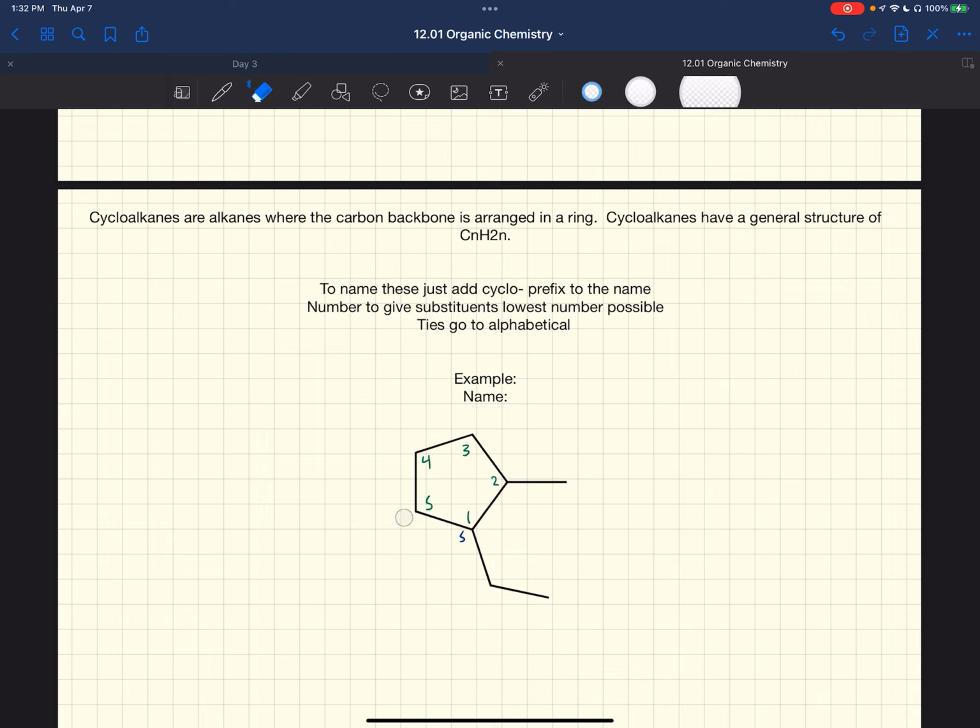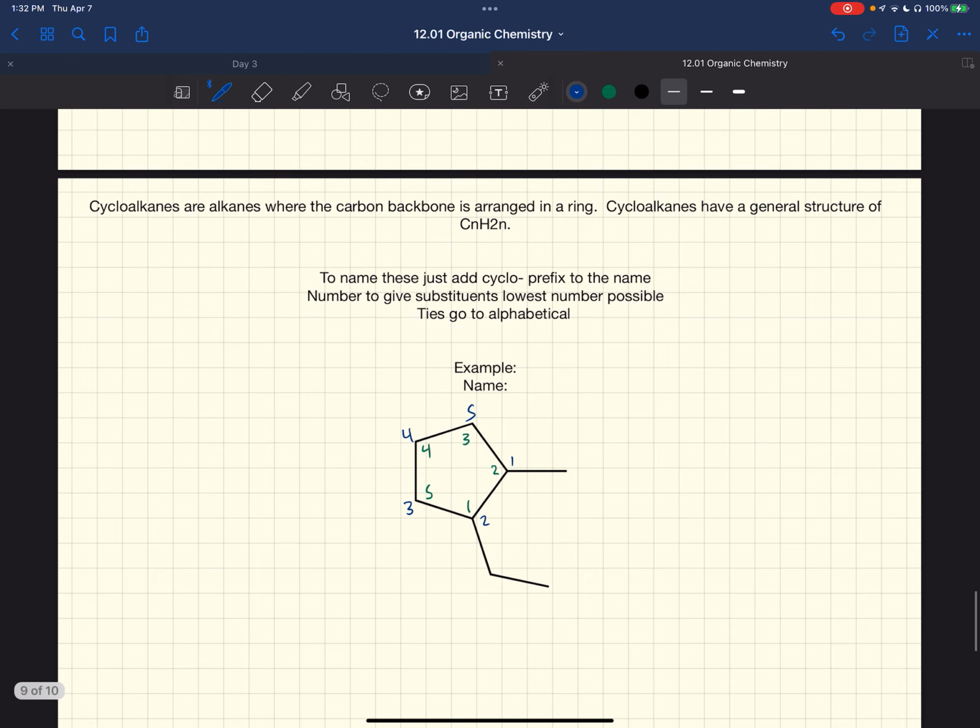Oh, I just realized I messed up the blue. The blue doesn't make any sense. The blue would go this way. 1, 2, 3, 4, 5. Okay? So either way, my substituents are going to be numbered 1 or 2.